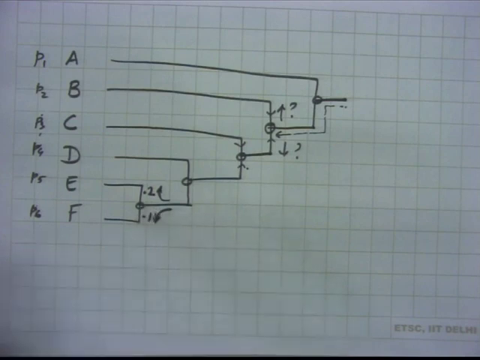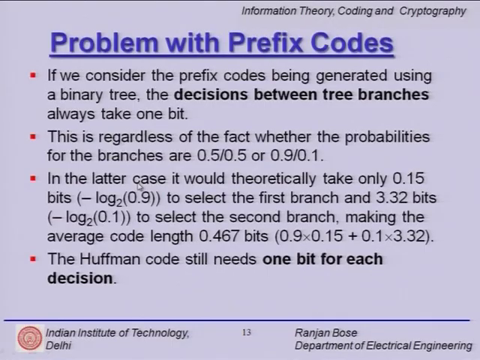Okay. So, if you look at the slide, if we have a case of 0.5 to 0.5 as opposed to 0.9 to 0.1, we should not give an equal number of bits in both the cases. Why?